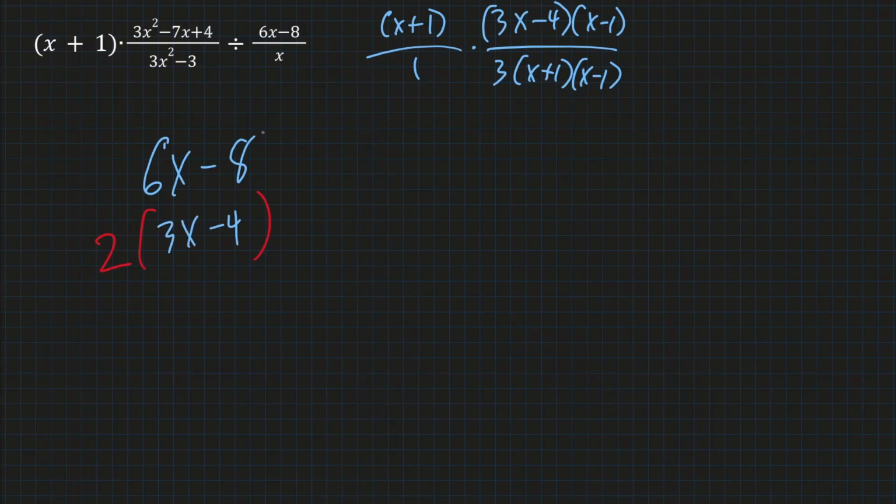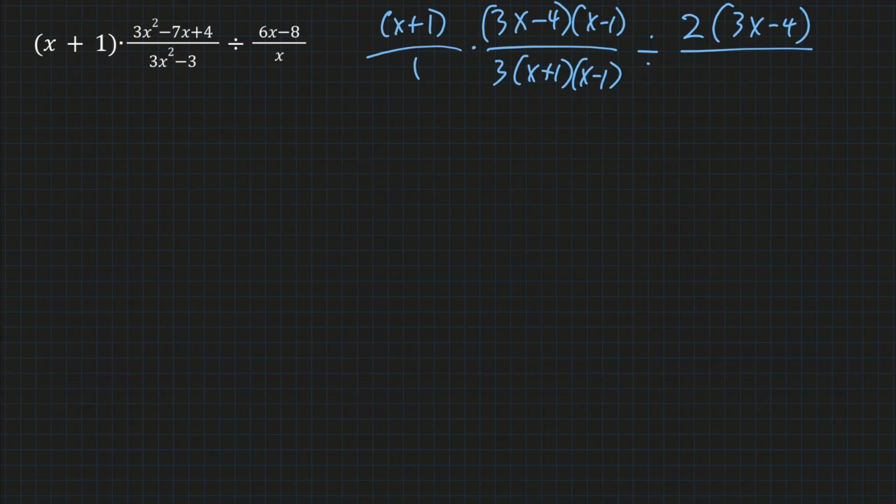So this will become our numerator. Let's go ahead and write that in: 2 times 3x minus 4. Oh, and this is divided. Don't forget that. And now let's write in this x. There is nothing we can really do to factor out or simplify that x. That x is just going to be x.